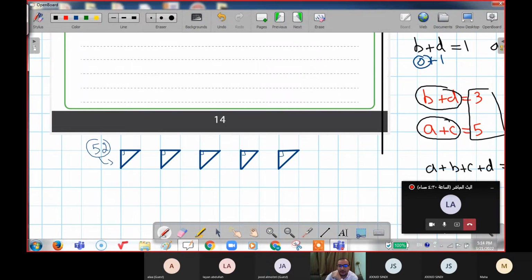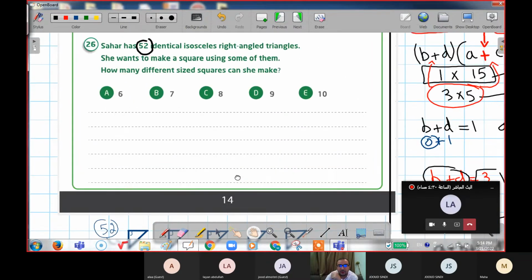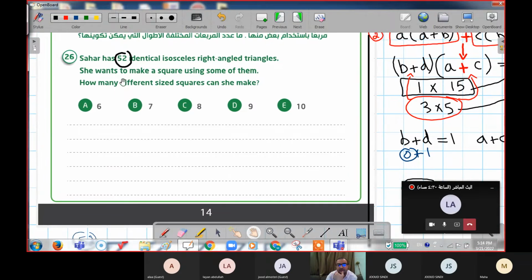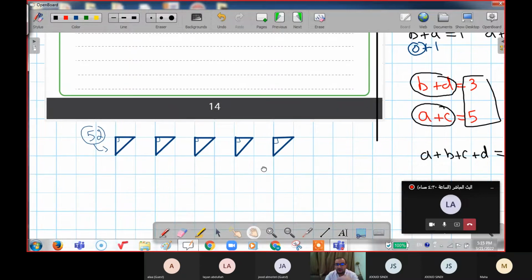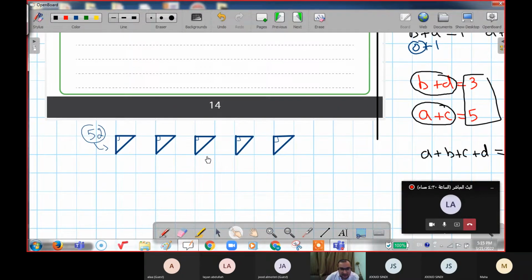Okay? Now, the question is, what does she want to do? She wants to make a square using some of them. Okay, so she wants to make a square. I don't know if I can move this one. No. So let's see.